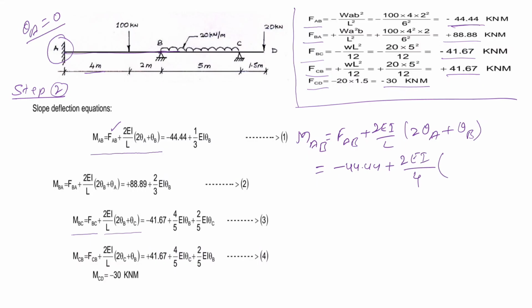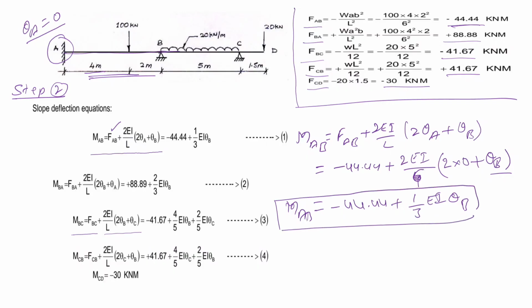So 2 by 6, that is 1 divided by 3 EI theta B. This is MAB.